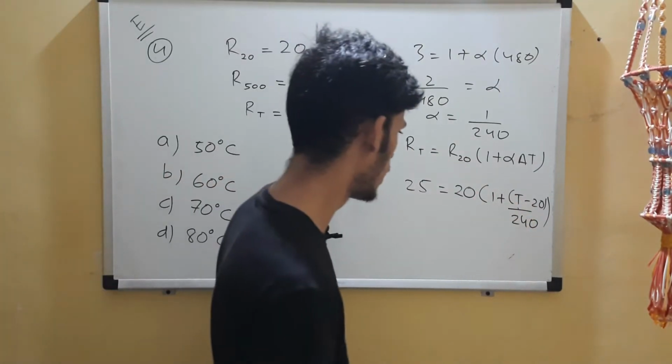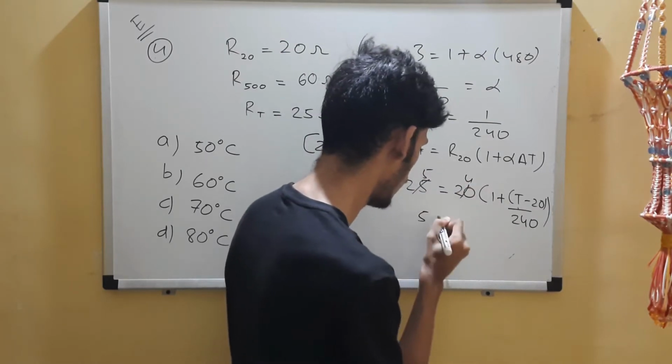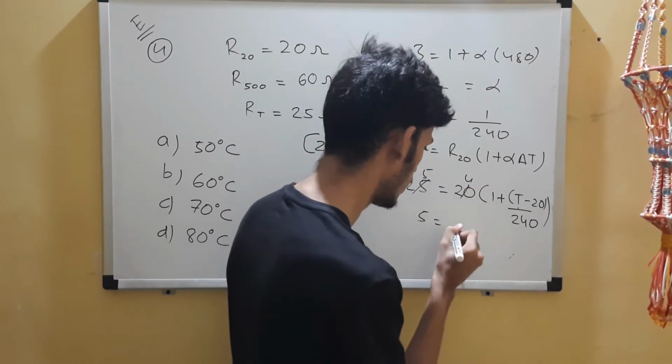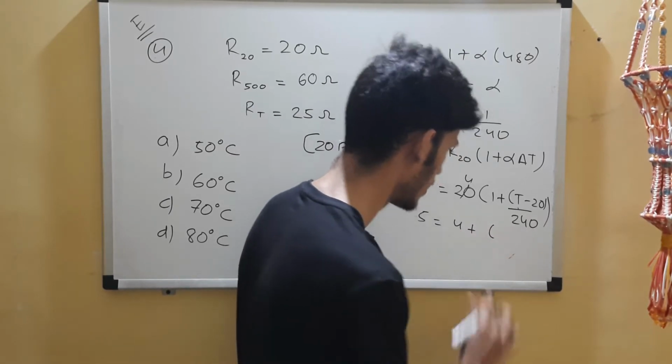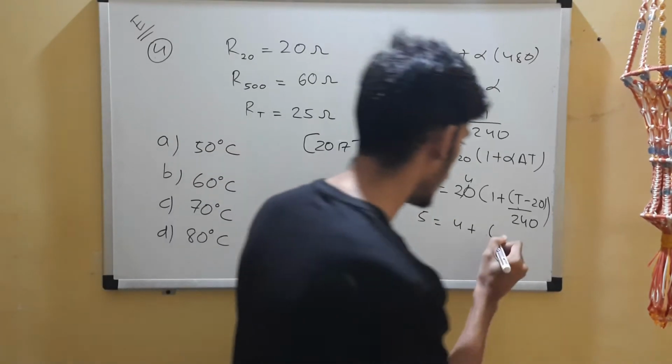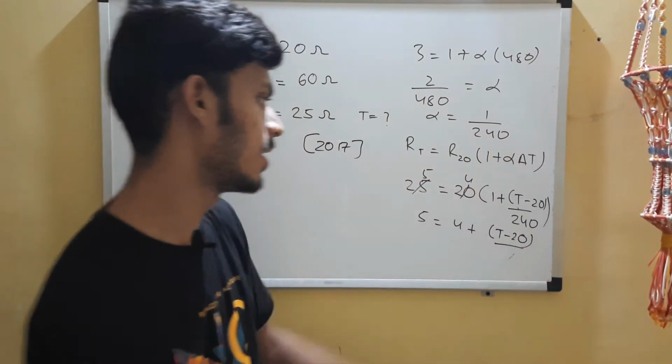Okay, now let's solve this. 5 5s are, 5 4s are. Okay, so 5, I'll take this in. So 4 into 4 into, I can cancel this 4 and 240. So I'll get T minus 20 divided by 4 6s are, right?